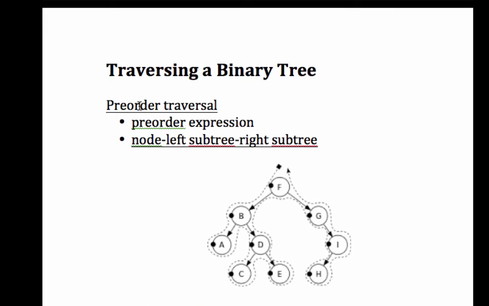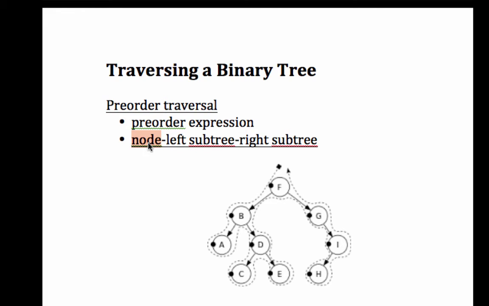Basically, pre-order traversal, as the word says, means that you are going to traverse the tree. We're going to visit all the nodes on the binary tree in pre-order, and that means that we first go to every node, then we visit one node after the other.